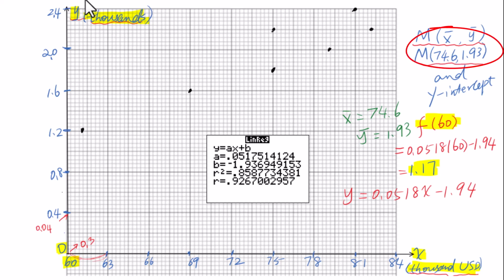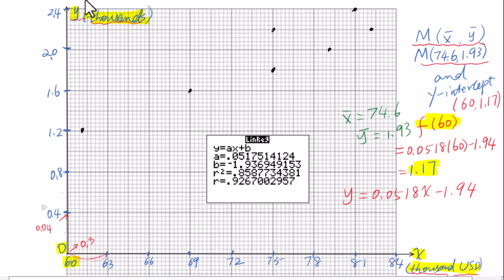Mean point is this. And also the y-intercept will be at 60, 1.17. 1.17, this is about 1.2. The scale is 0.04, so this one is 1.16, and 1.17 will be here. Just estimate.